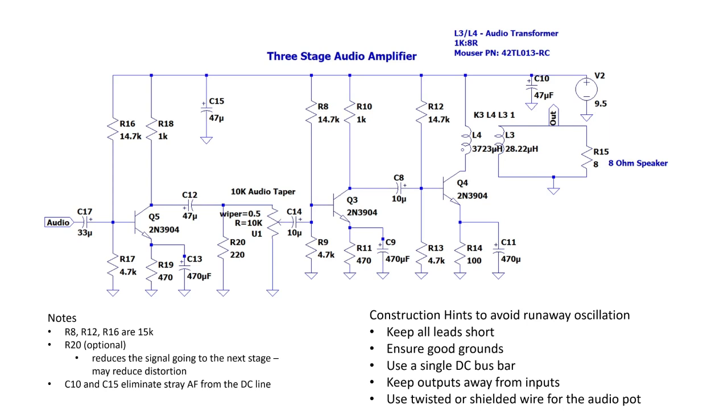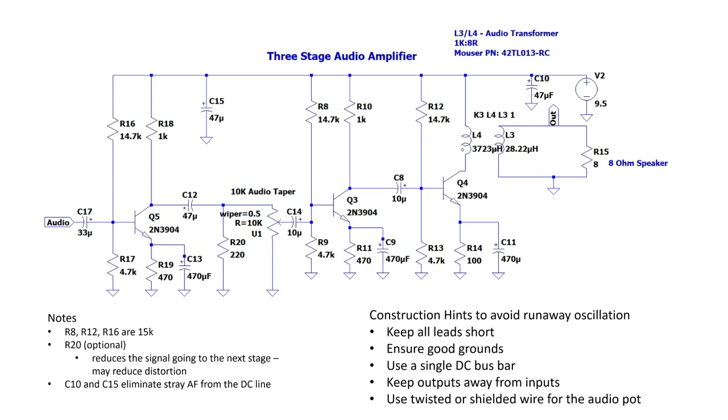R20 is an interesting component here in this circuit. We found in some builds of the circuit that if you have a fairly hot Q5, in other words, it has a high HFE, you will introduce distortion into the following stages of the audio amplifier.